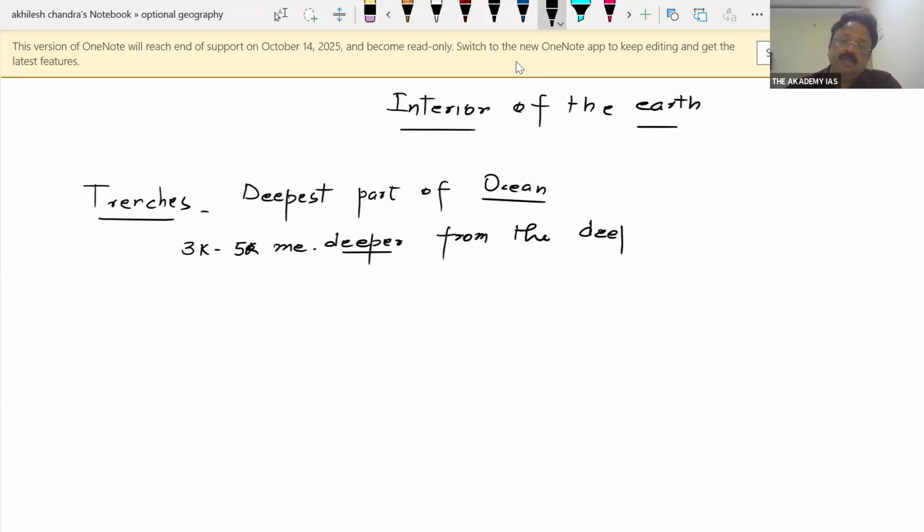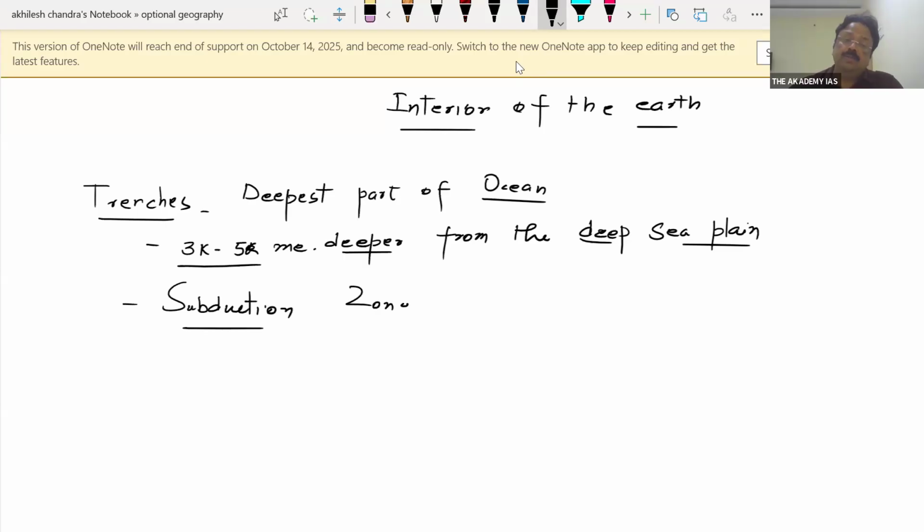So deep sea plain is already deep, and something even deeper than that, with a range of 3,000 to 5,000 meters, is called a trench. It is present near the subduction zone. What is a subduction zone?